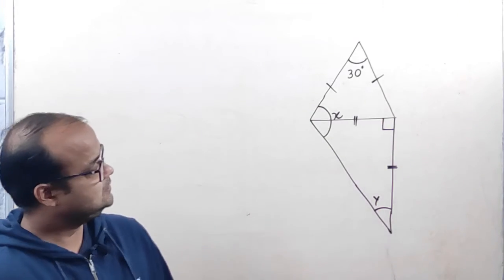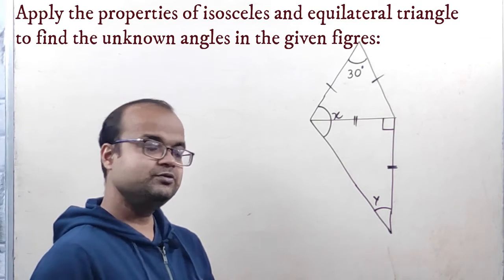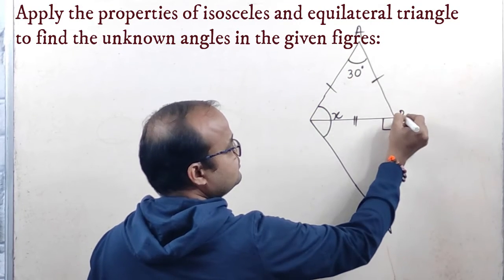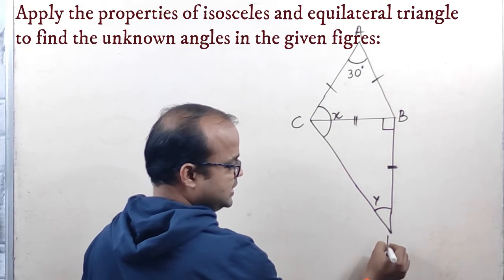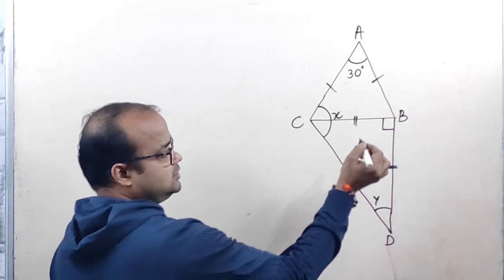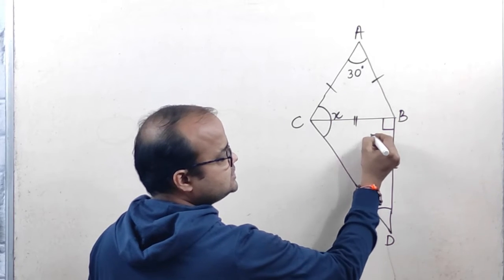Now let us solve this problem. First we name all the vertices A, B, C and D. Now if you remember, I told you this box represents 90 degree.